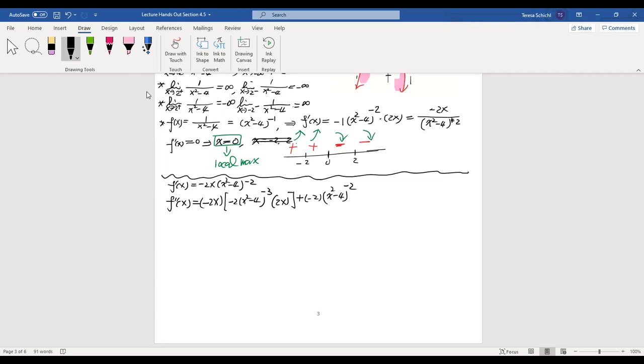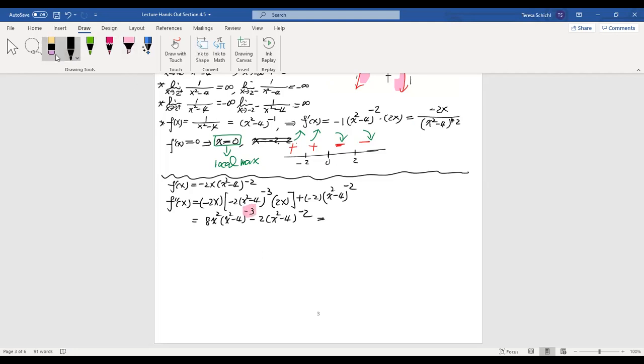Okay, now if I simplify a little bit here, this is 2 times 2 times 2, so I have 4x squared, right? And this is (x squared minus 4) to the negative 3. Then I have negative 2 times (x squared minus 4) to the negative 2 here. All right, so now let's try to factor out, because this is going to the denominator, correct?